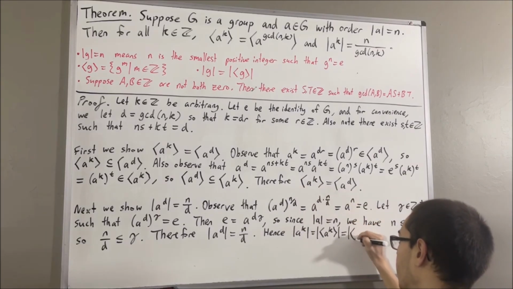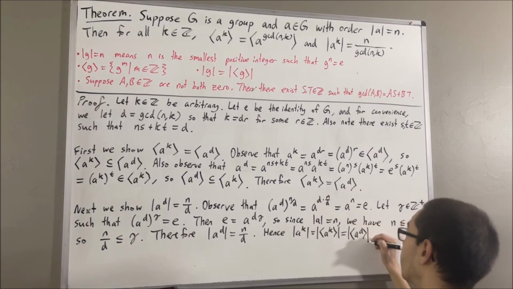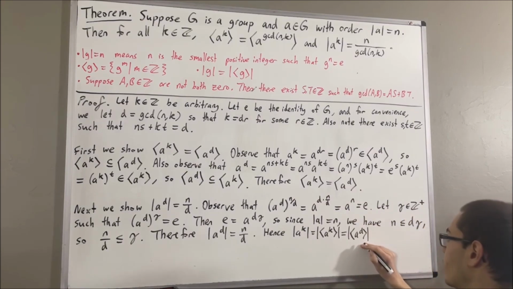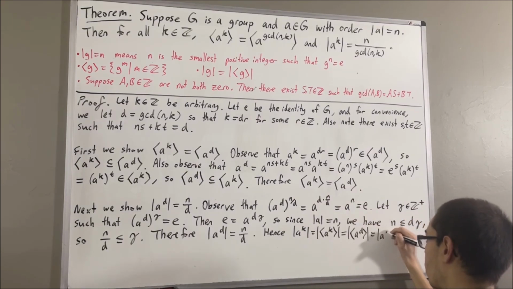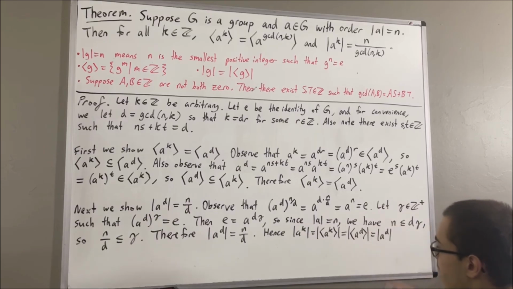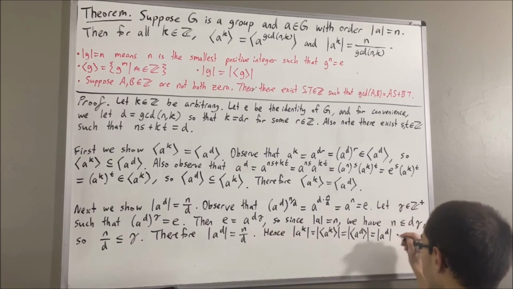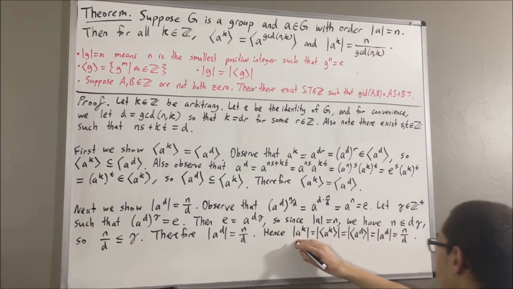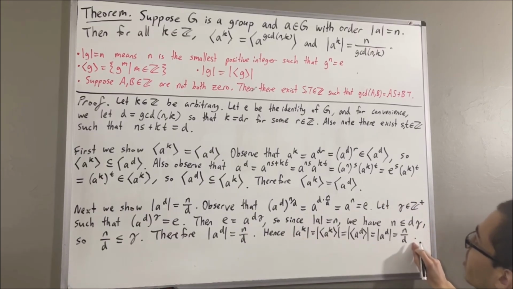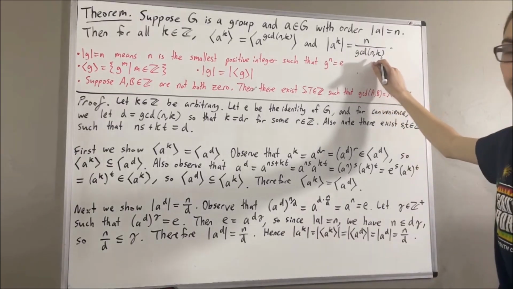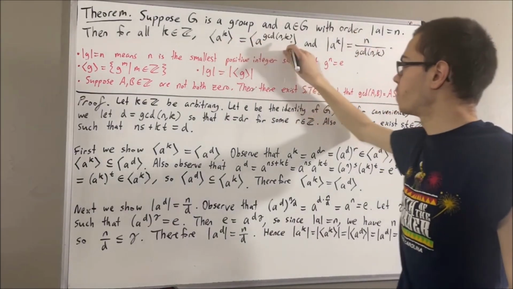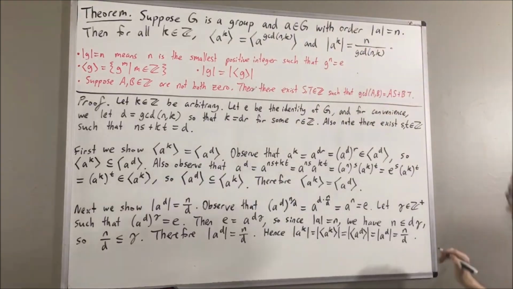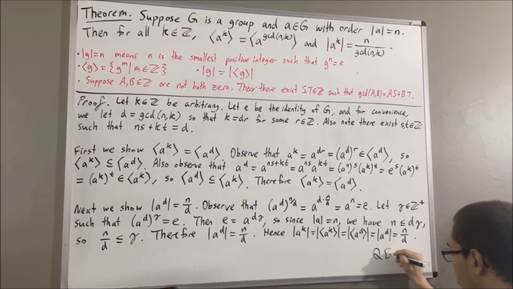So their orders must be equal, but again, the order of the group generated by a to the power of d is equal to the order of a to the power of d. And the order of a to the power of d is equal to n over d. So this shows that the order of a to the power of k is equal to n over d, which is exactly what we wanted. So we have proven both of these things, so we're done. This completes the proof.